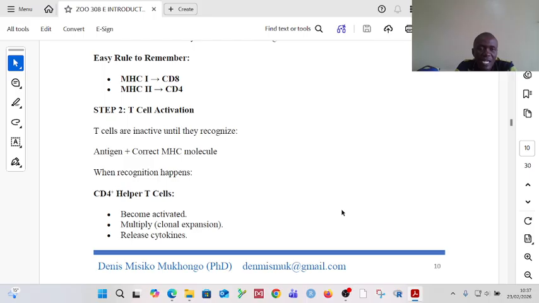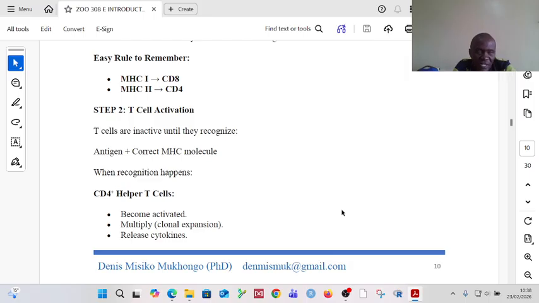Okay? Ama imeshikana na antigen ya Mycobacterium TB. Ama imeshikana na particular antigen from an abnormal cell in terms of cancer. That is MHC class 1. Ikishikana na hiyo antigen, MHC class 1 with that antigen, then the T cell can now be activated and will now be able to recognize that antigen with the correct MHC molecule.